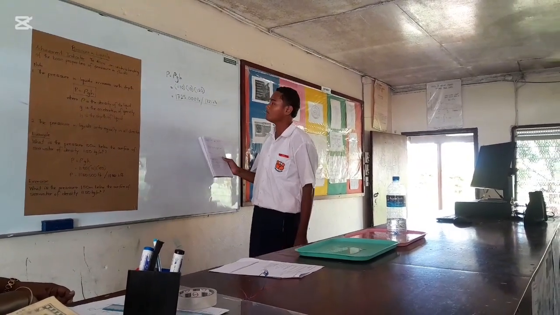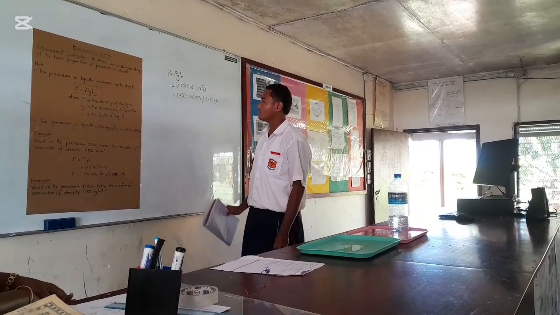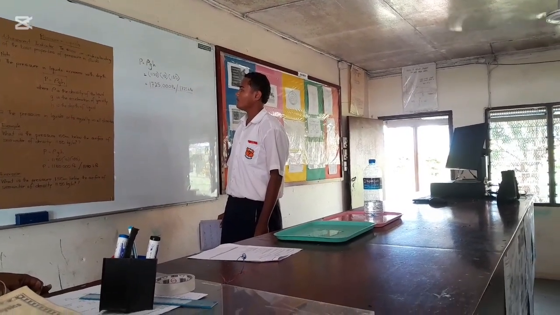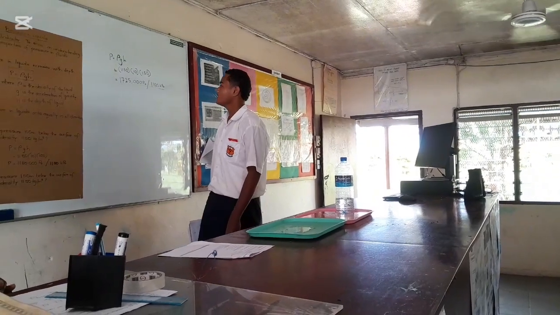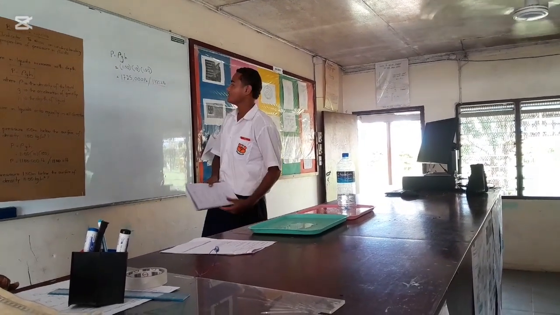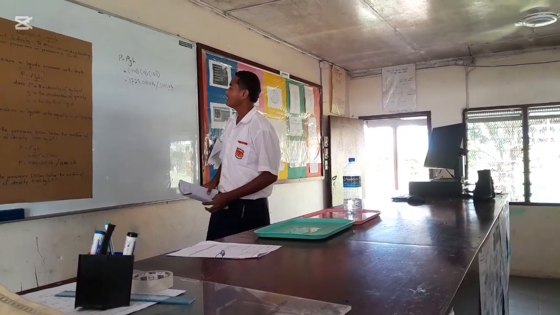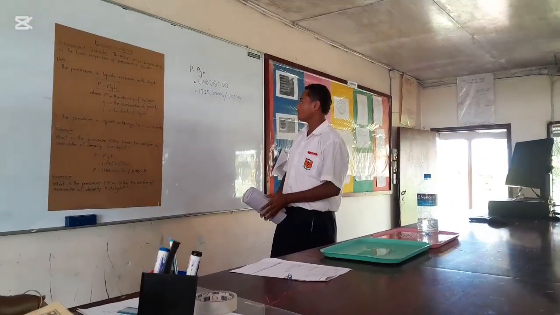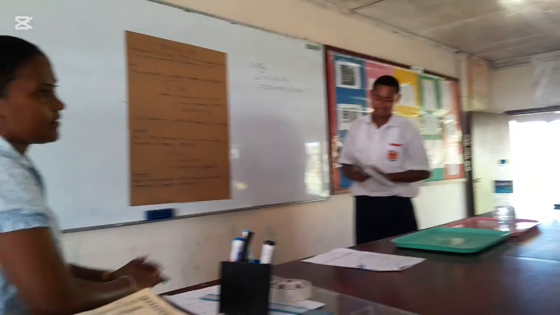So we multiply them all, which gives us 1,725,000 pascals. So you can divide by 1,000 and get 1,725 kilopascals. Very good, thank you. Give him a clap please.